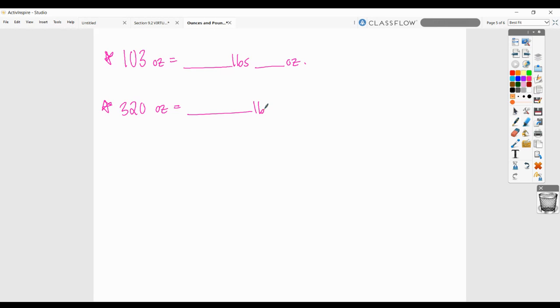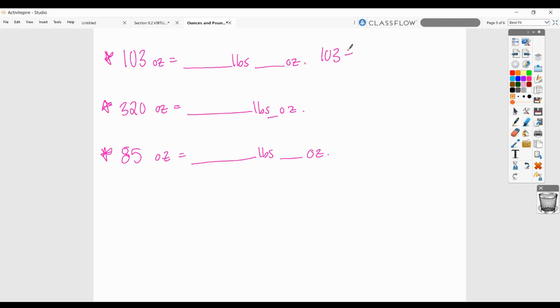How many pounds and ounces is that one? And then we'll just do one more because I think you should be all right with this for the most part. 85 ounces. If I'm putting that in terms of pounds and ounces, what do we get? If you want to pause and go try those three and then start it up when you're done to check your answers, you may do that now.